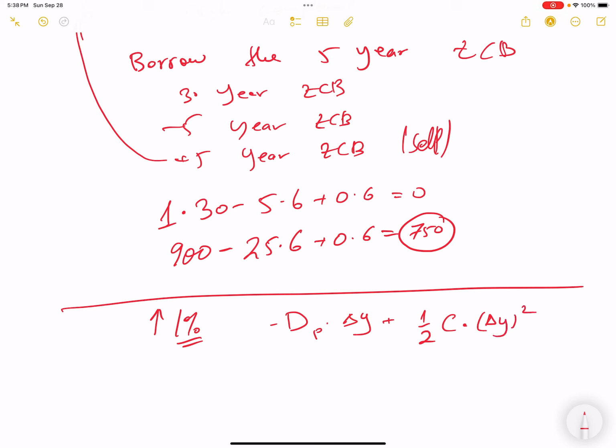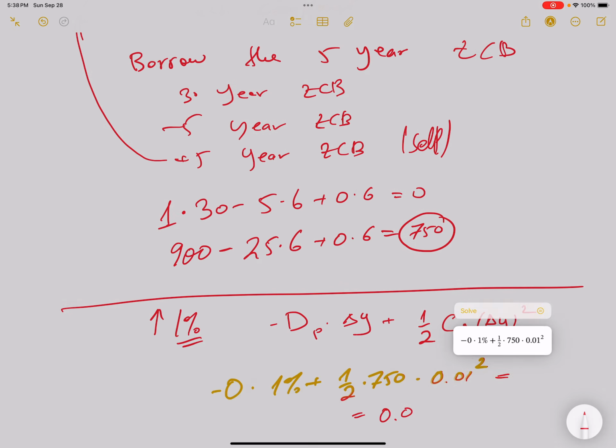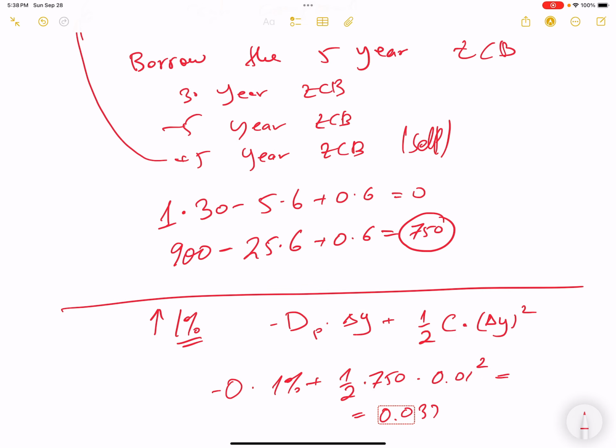Okay? The yield goes up by 1%, so it's going to be 0 minus 0 times 1% plus half times 750 times 0.01 squared, which is going to be, right, 0.0375 or something like that.